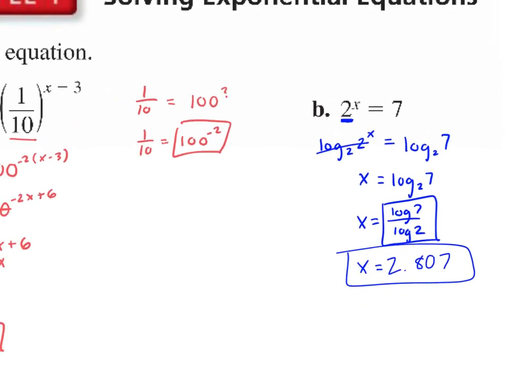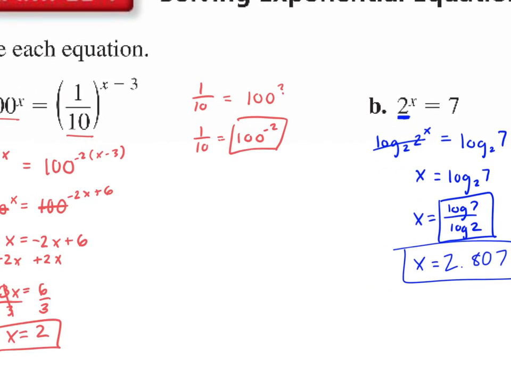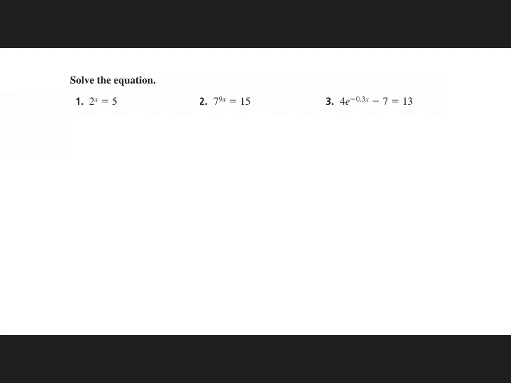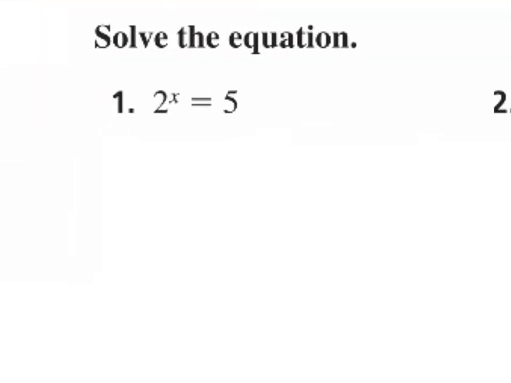Any questions on this page? We have 3 more examples, solving them just like we did in A and B. So for number 1, this looks just like B. What do we have to do to get the x from out of our exponent?